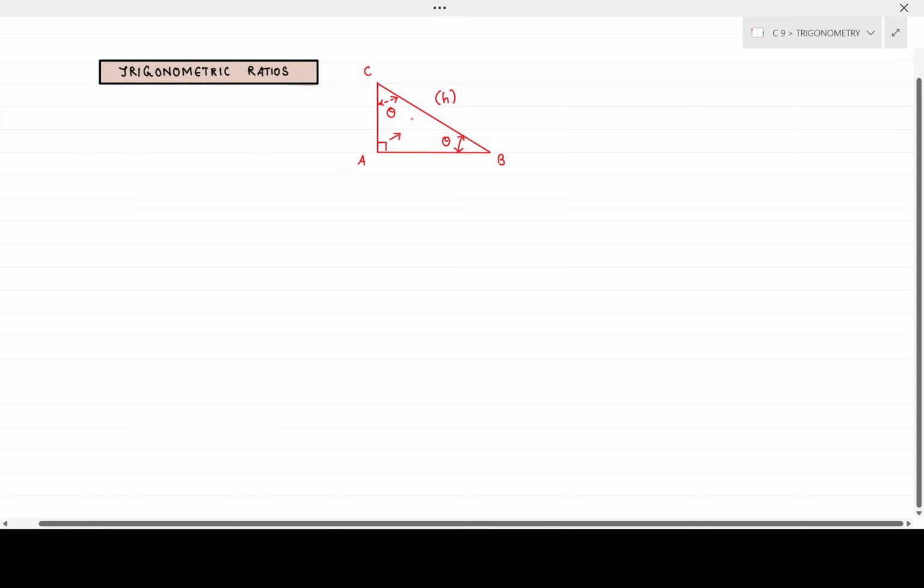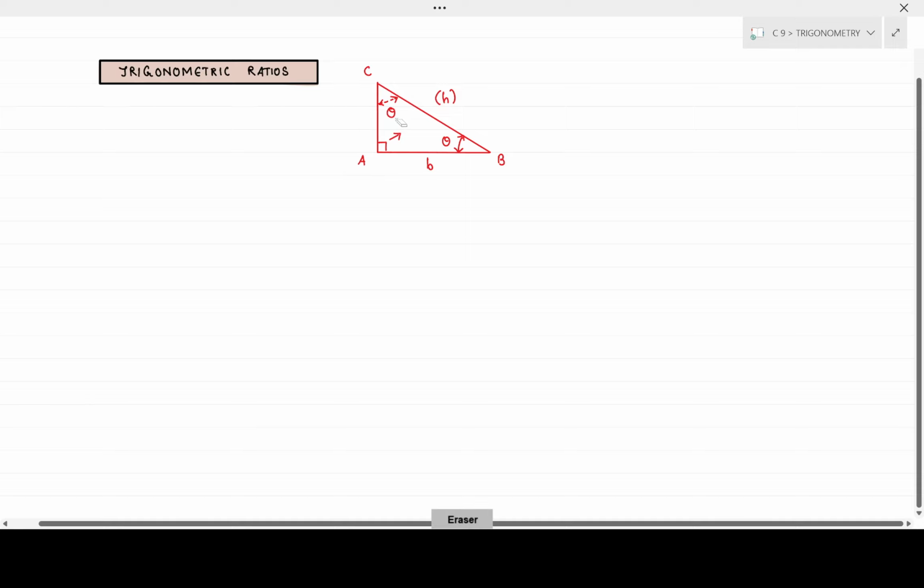So what does this mean? The other side of theta, the other connected dimension, will always be considered as the base. Here, if you consider this angle as theta, then this will be considered the base of the triangle. If you consider this as theta, then this will be considered the base.